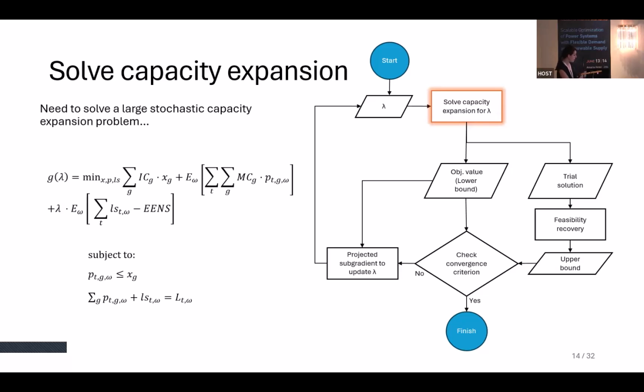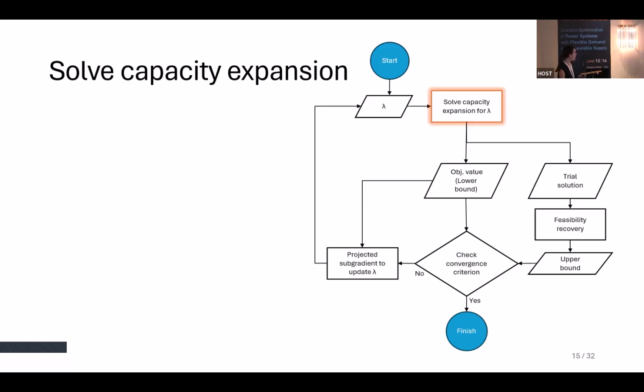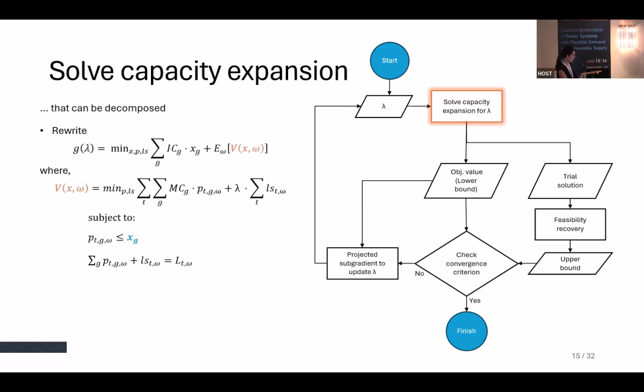So, reminder, this is the problem that we need to tackle. We will be rewriting it using these functions v. The second stage has gone here, so now we can actually solve. What we do is, for a given x, we solve the scenario-specific problems.